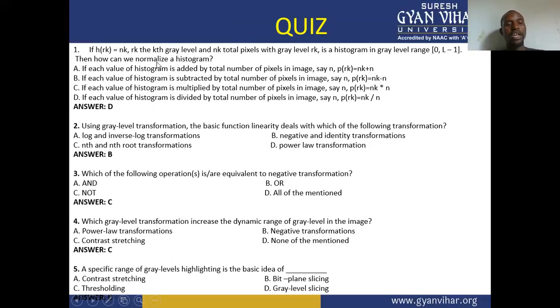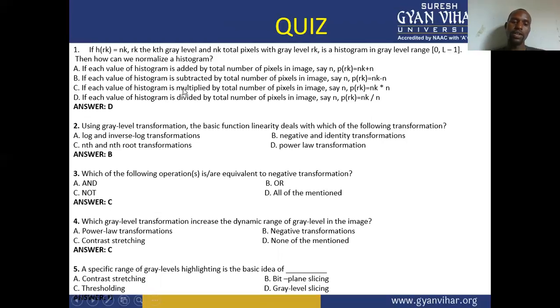The first option is if each value of histogram is added to the total number of pixels. Here we are not performing addition, we are doing subtraction. The second option is if each value of histogram is subtracted by the total number of pixels in the image, say n, so p of rk equals nk minus n. This is not true because the subtraction is wrong. The third option is if each value of histogram is multiplied by the total number of pixels in the image, say n, so p of rk is given by nk into n.